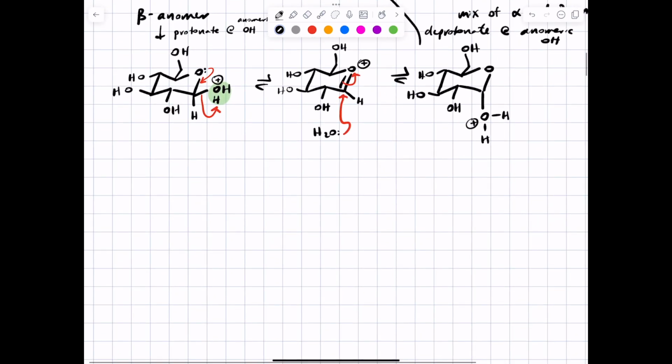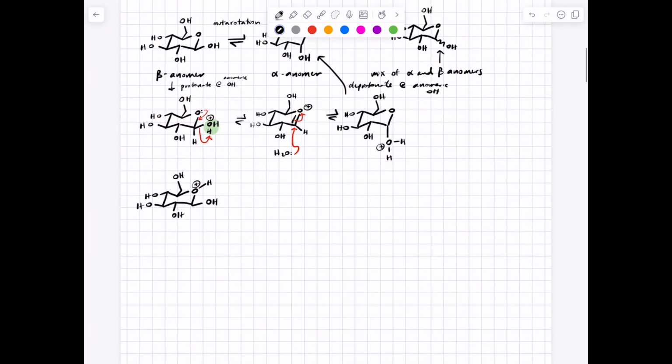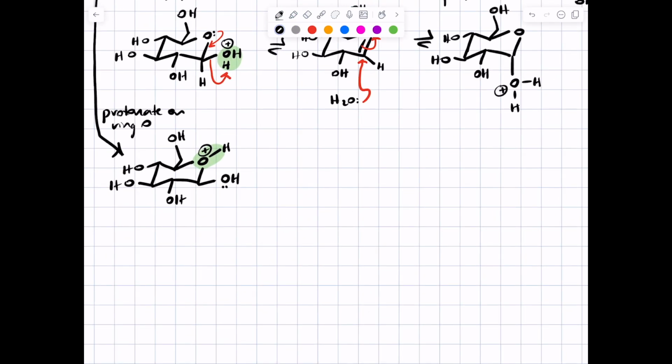The other way is actually by getting to the open chain form. So if I start with the beta anomer, and if instead I were to protonate on the ring oxygen, that would turn this ring oxygen into a good leaving group, and electrons on the OH at carbon 1 could kick down and kick off that leaving group.